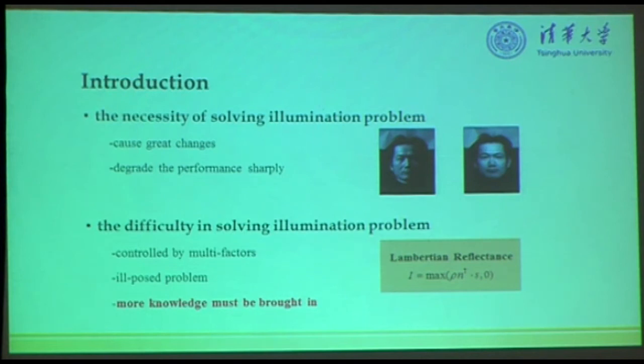If we look at the Lambertian reflectance model, the face image is influenced by a lot of factors, such as the reflectance, the normal vector, and the illumination. So it is actually an ill-posed problem, and to solve this problem, we should put more knowledge in it.